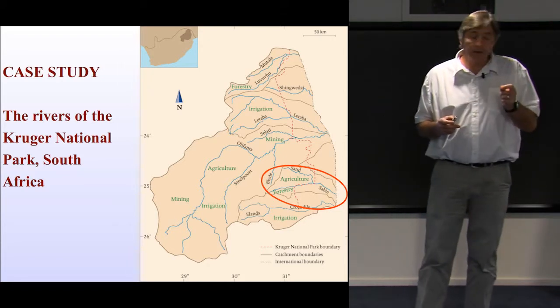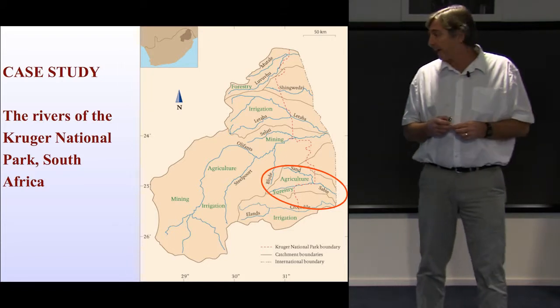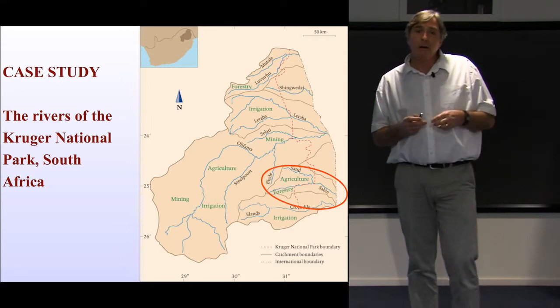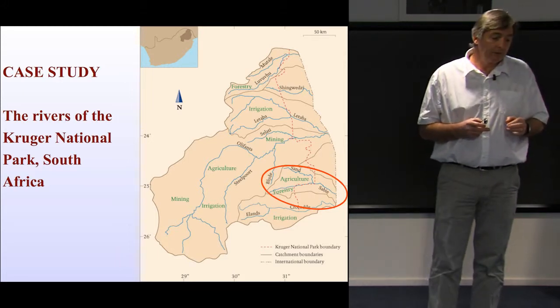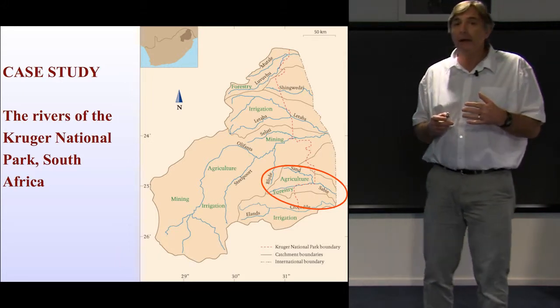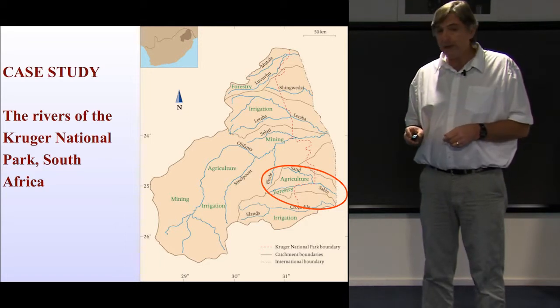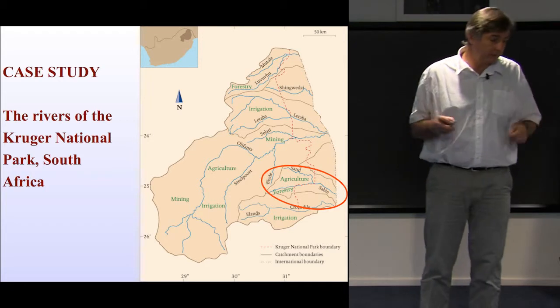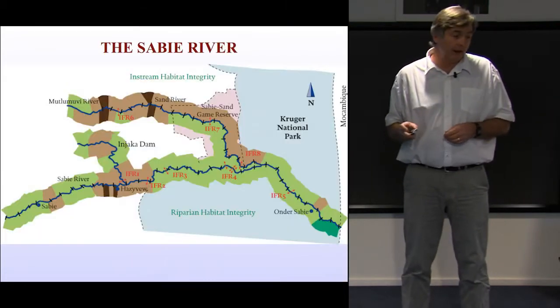Okay, and the particular river that I want to look at in detail is the Sabi River, which again rises outside the park on the Drakensberg Escarpment, flows through the park and then into Mozambique. And this was the river on which most of the research during the Kruger Rivers research program was done.